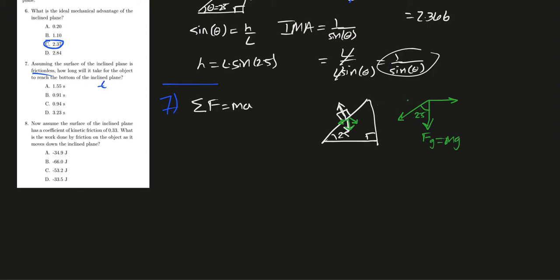And then this one parallel to the incline is going to be equal to mg sine theta or 25. And then this one right here. Oh wait, I'm not sure why I drew it like that. Let me change it. It's actually perpendicular to the incline, so something like that. And this is going to be the value of mg cosine theta.